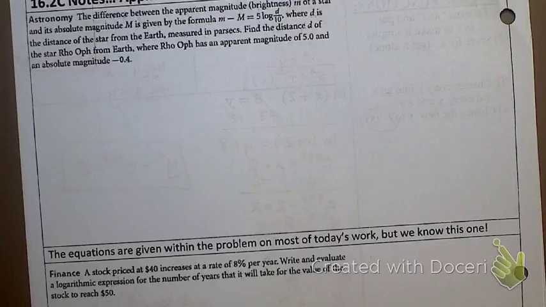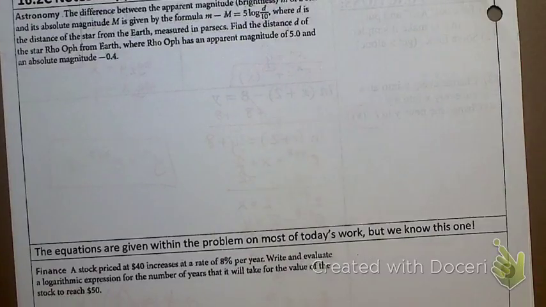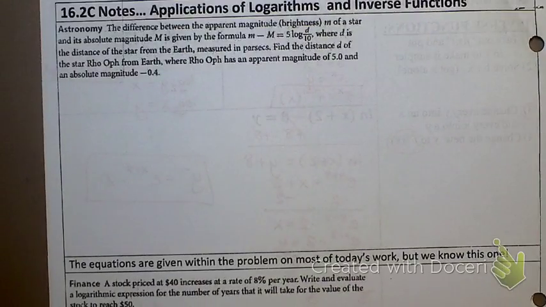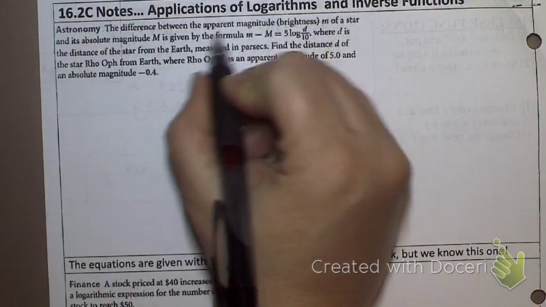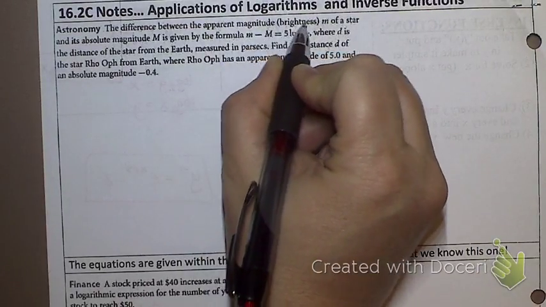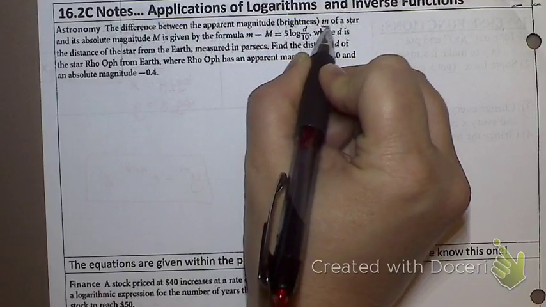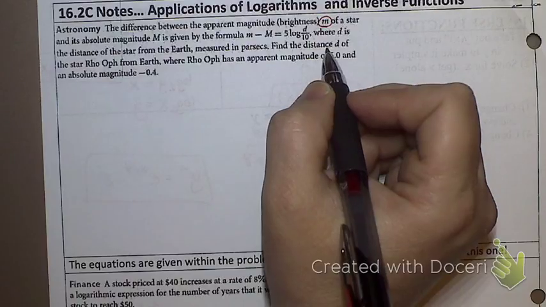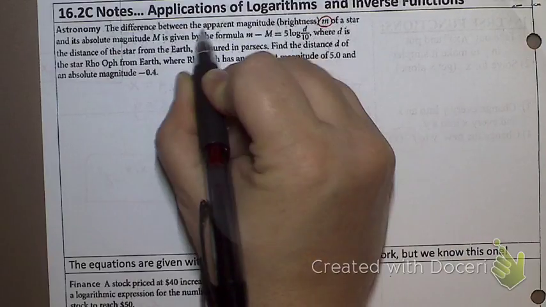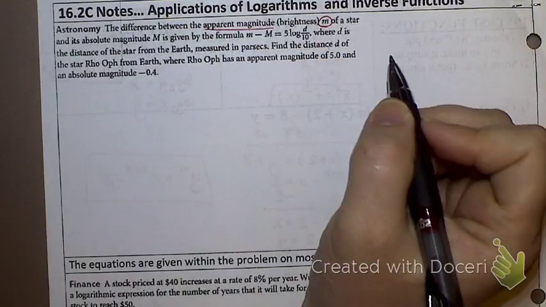All right, astronomy. I don't know a whole lot about astronomy, but that's okay. I think I can figure out the math problem. The difference between the apparent magnitude, also known as the brightness, and they give me a letter. That's important to note whenever they give you a letter. What is that letter representing? Apparent magnitude. Okay?